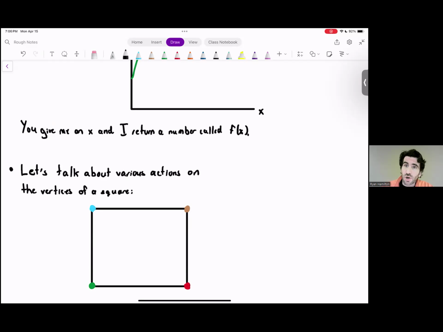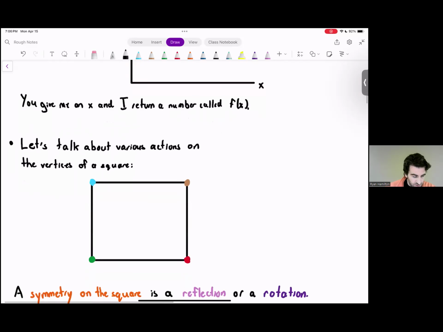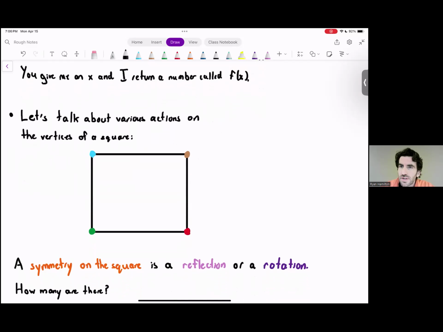And the way that I want to rearrange them is with something called a symmetry. So a symmetry for us will be either I take these 4 points on the square and I rotate them. Could be clockwise, could be counterclockwise, but I rotate them in such a way that once the rotation has been completed, I still have the vertices of a square.